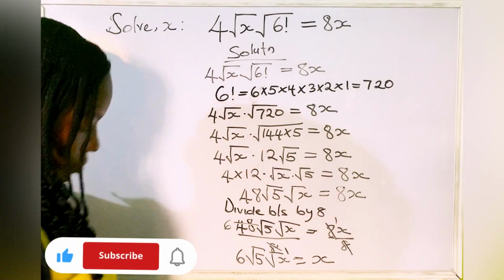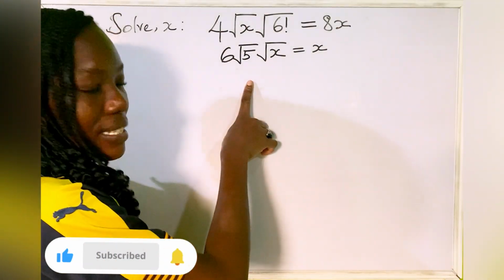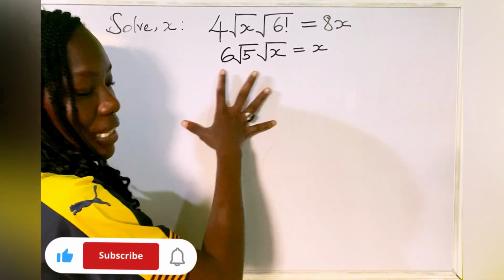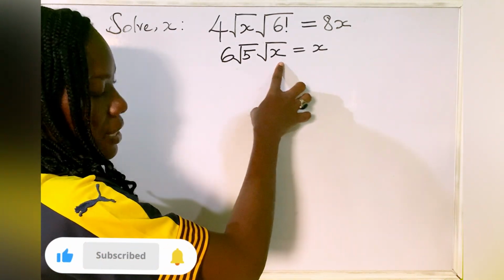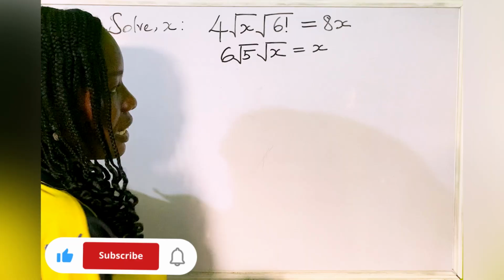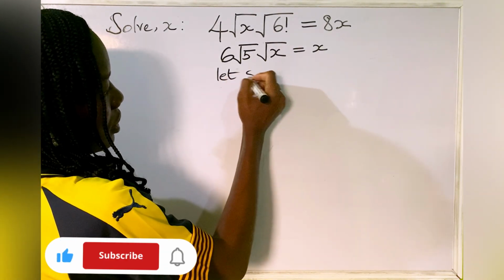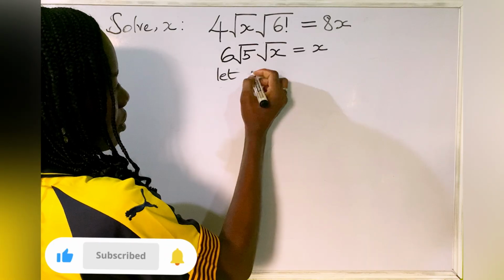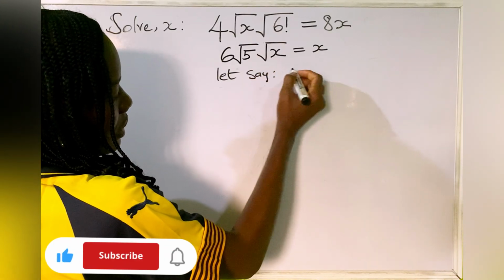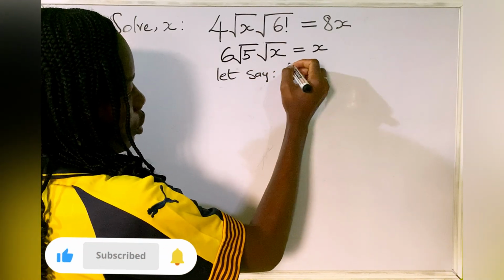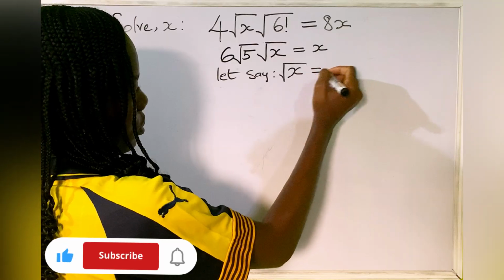All right. We have x on the left hand side and x on the right hand side. But on the left hand side, we have x as root x, and we have x on its own. So let's say that root x is equal to t.